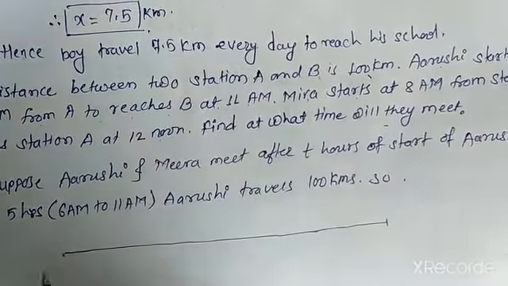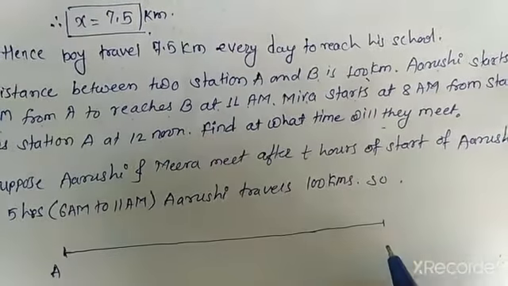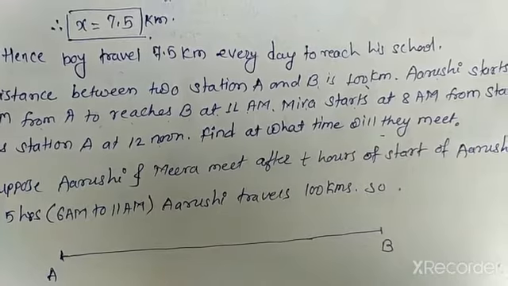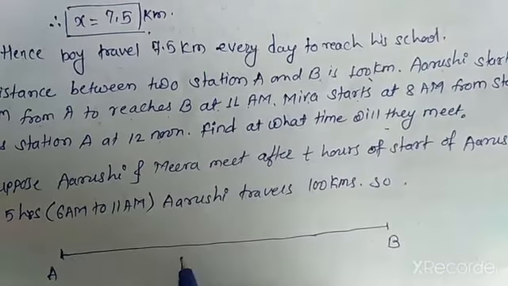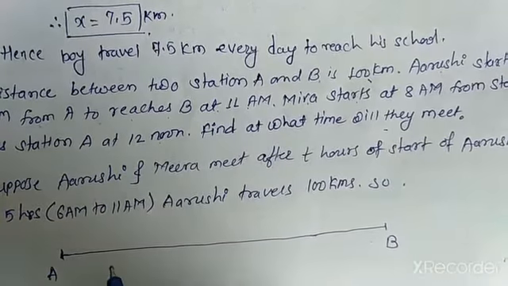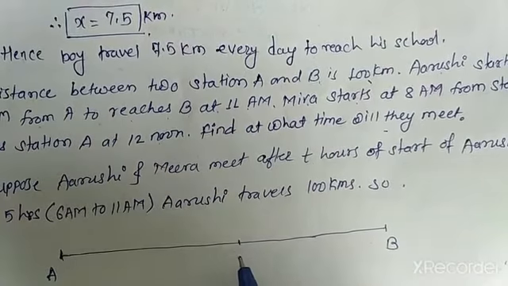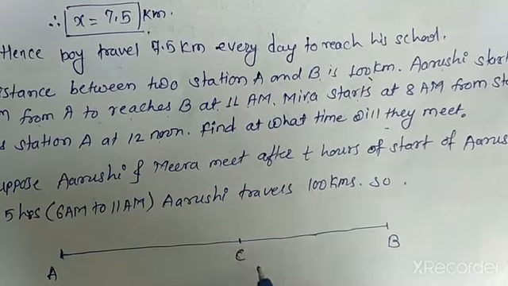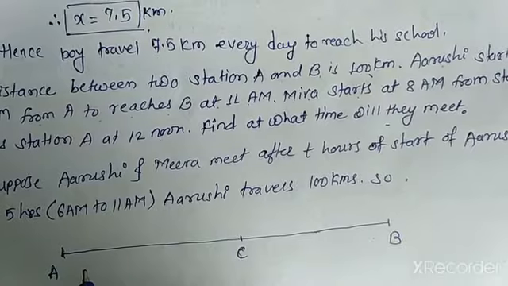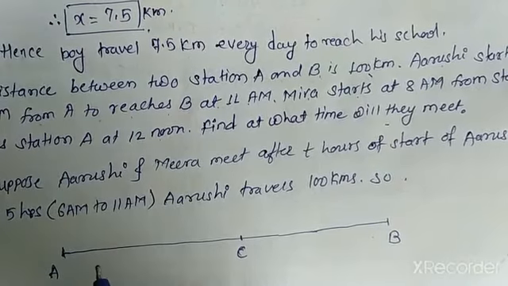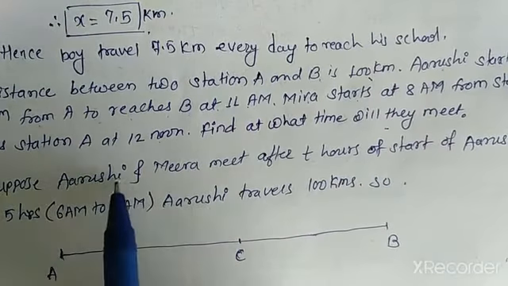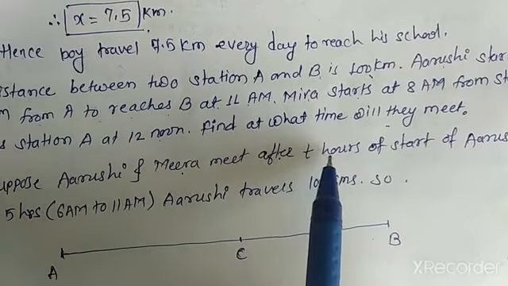we consider this as stations A and B. So if they meet at point C, and it is given, suppose Arushi and Mira meet after T hours.